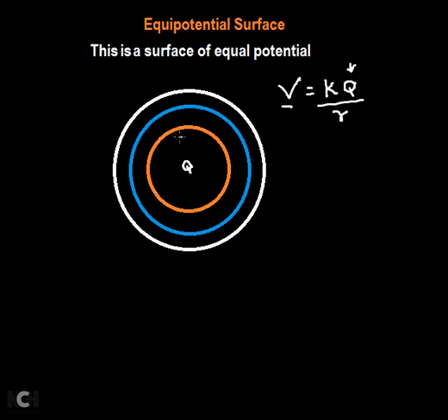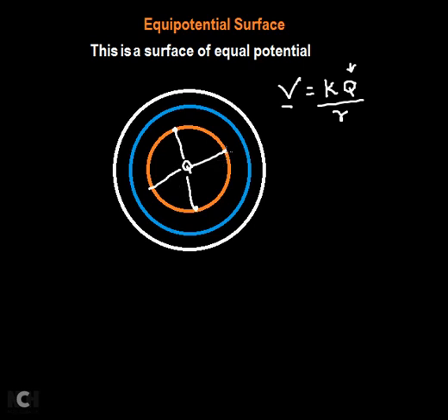For example, I have a charge at the center of concentric circles, three circles. Let's start with the very first circle. You discover that the distance from the charge to any point on any of these circles is the same.